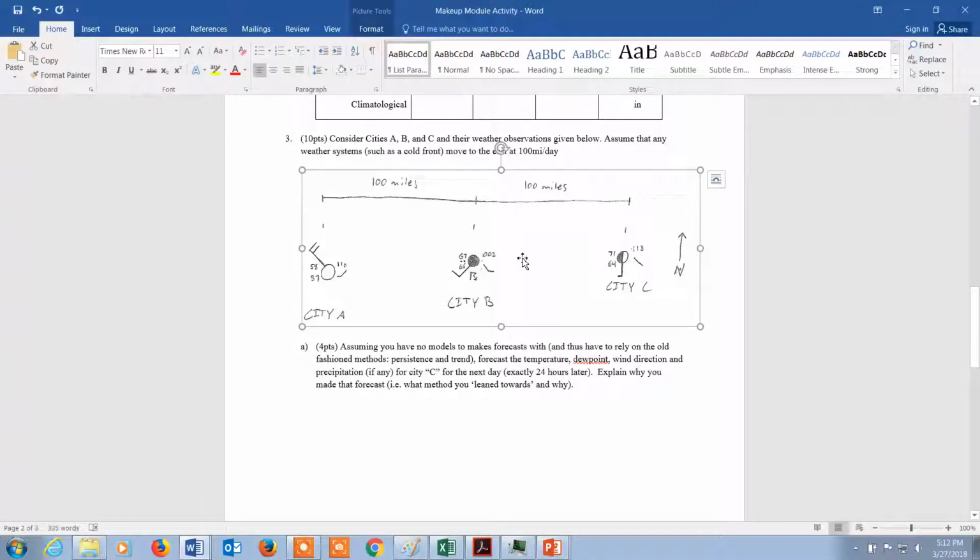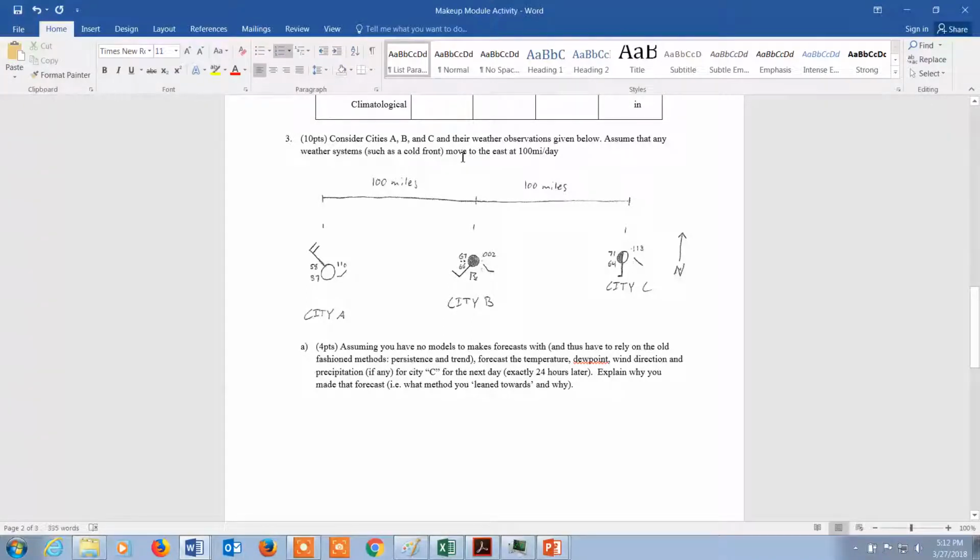So basically, the weather is moving. And this is actually very common. Weather conditions typically don't stay in one location. Rather, they move from place to place. This is what's called advection. Basically, it's the movement of air and all the properties in the air from one location to another. So in a layman's sense, weather is moving to the east at 100 miles a day.